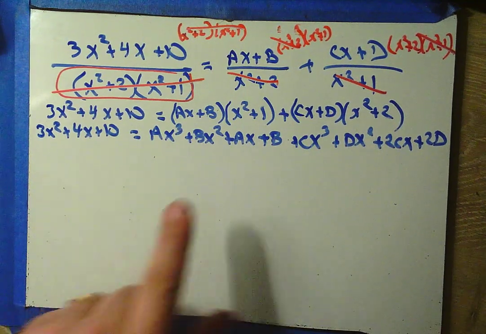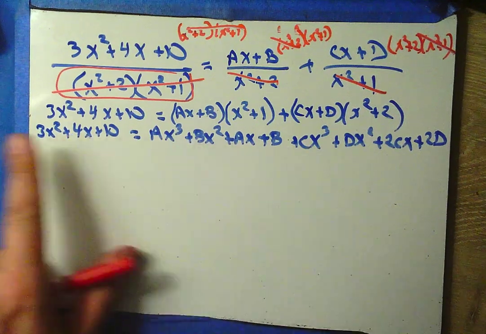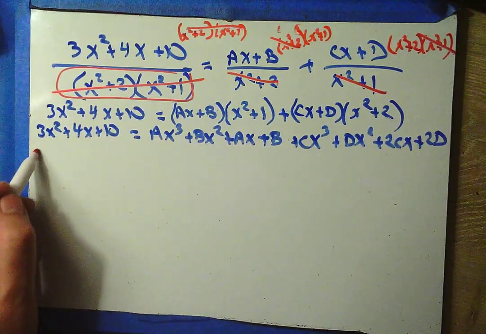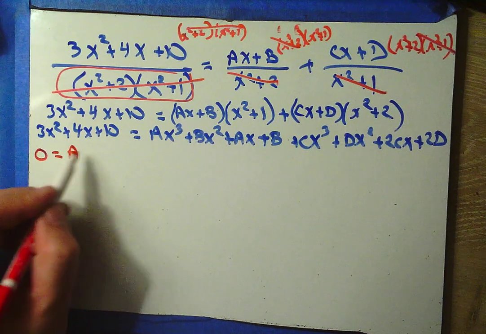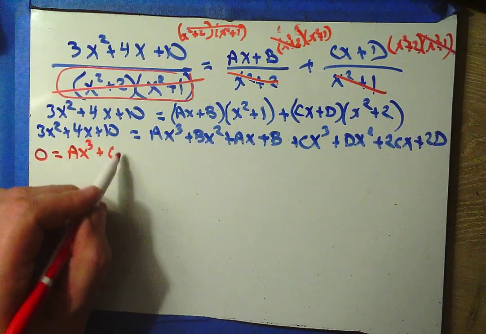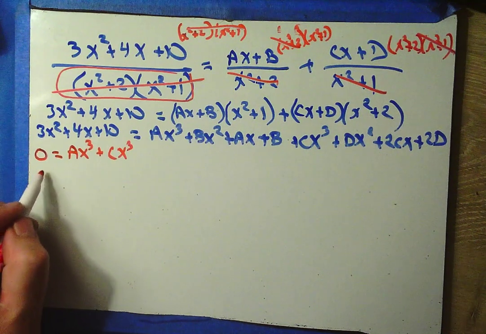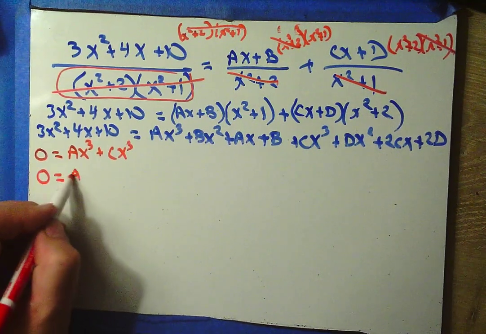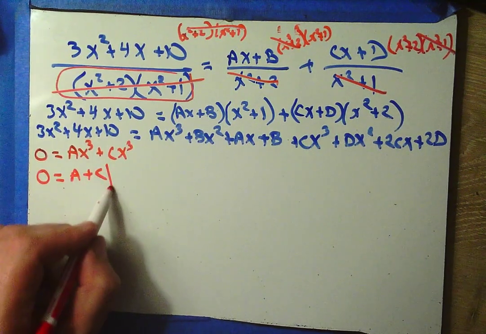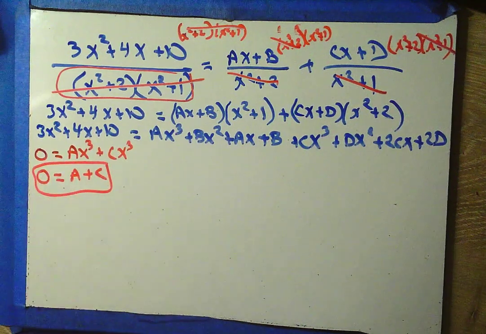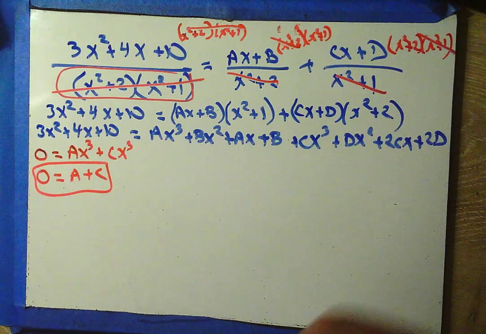Okay, so I'm going to take these x to the thirds. There's no x to the thirds over here, so I get 0 equals ax to the third plus cx to the third. And if I divide everywhere by x to the third, I get 0 equals a plus c. There's one equation. Now, a second equation. How about the x to the second stuff?